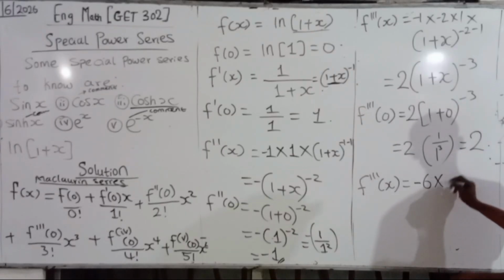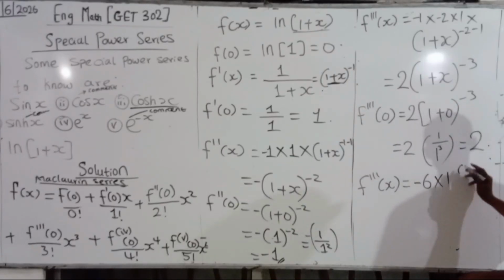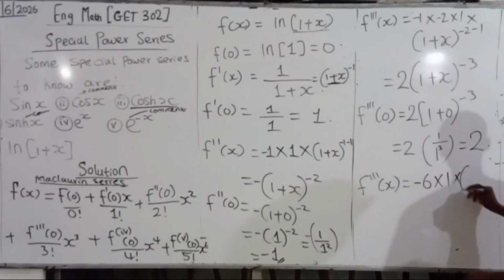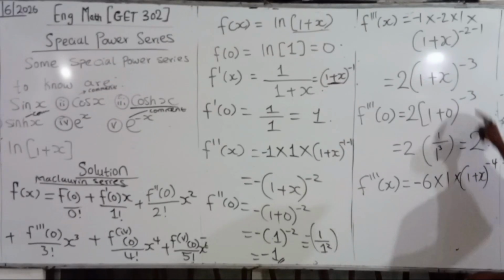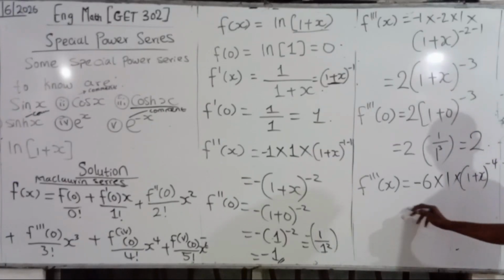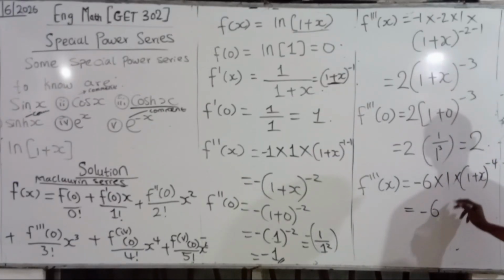Then differentiate the term in the bracket, you have 1. Then rewrite everything, 1 plus x. Then remove 1 from the power, which gives you minus 4, that's minus 3 minus 1. So we have minus 6 times (1 plus x) all to the power of minus 4.